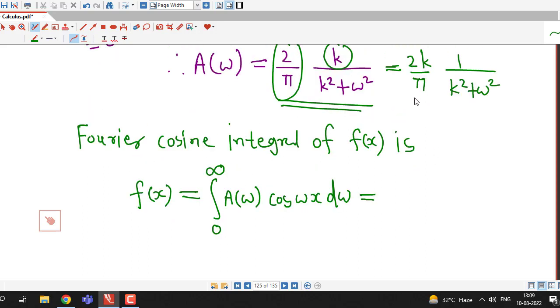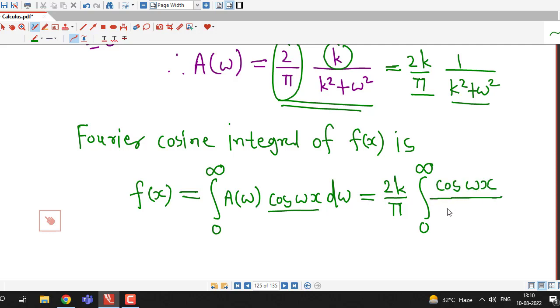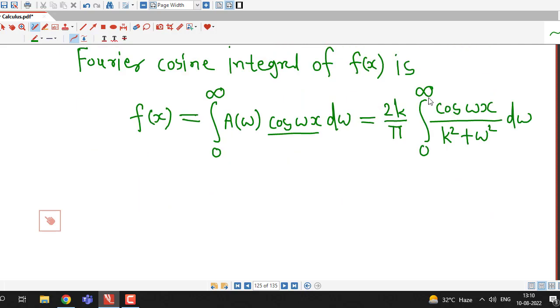So if we substitute A(omega) equal to this quantity, this 2k over pi is independent of omega, so we directly write it outside the integral, and we will have cos(omega x) into 1 over k square plus omega square, that we can rewrite as cos(omega x) divided by k square plus omega square d omega, and the function f(x) is e raised to minus kx.